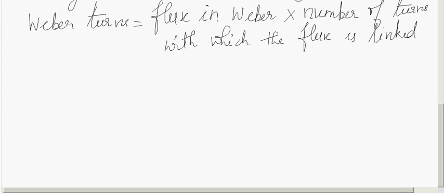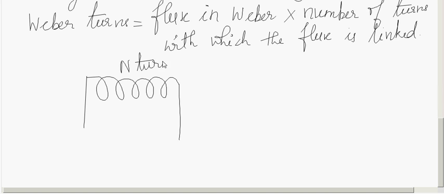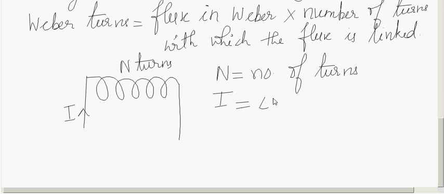Now, suppose you have a solenoid with N number of turns, and a current I is flowing. N is the number of turns in the solenoid, I is the current through the solenoid, and if this current produces a flux phi, then the Weber turns is given by N phi, where L is the self-inductance.